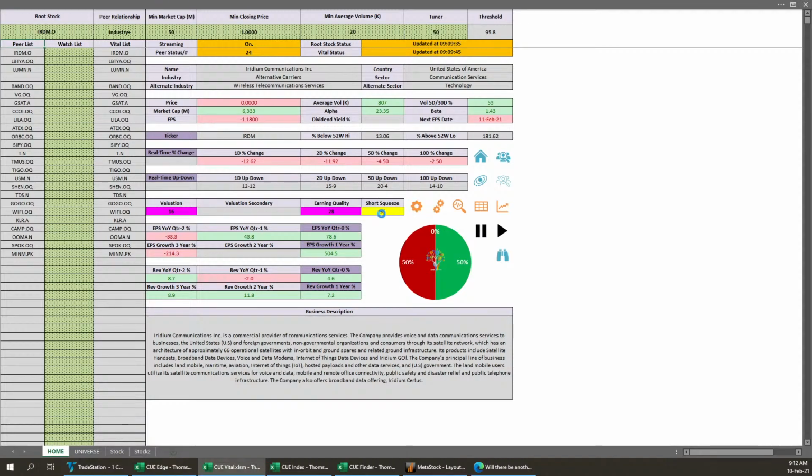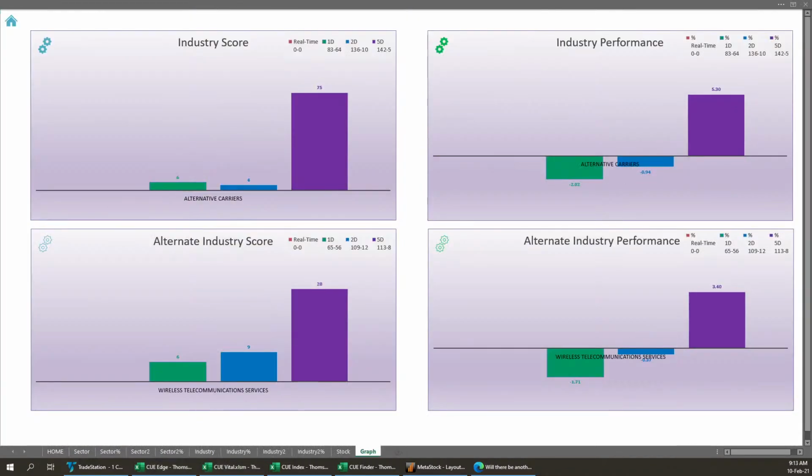Let's look at the graph again for the industry. Nice, isn't it? Here the primary and secondary industries are in sync again.